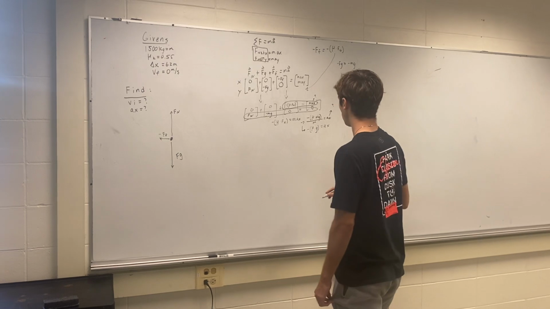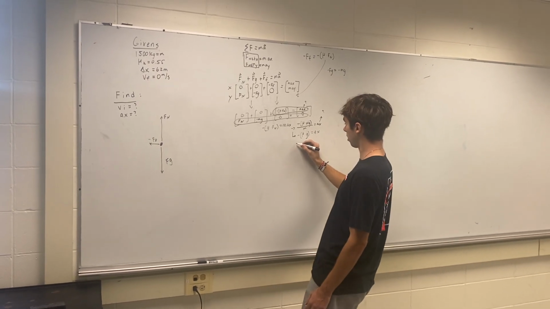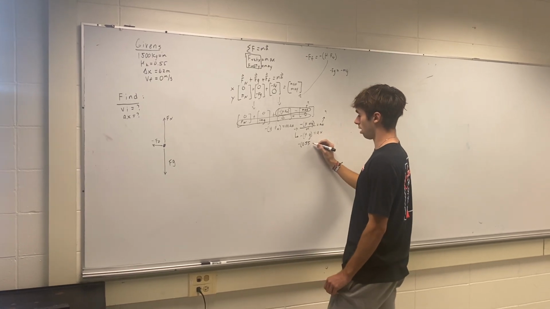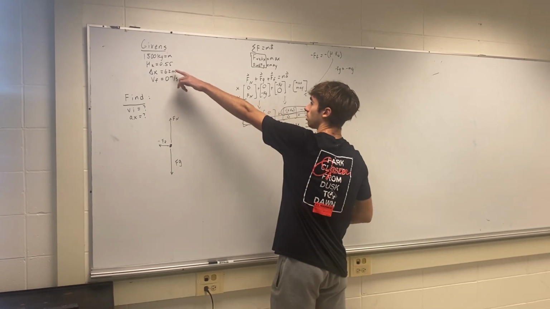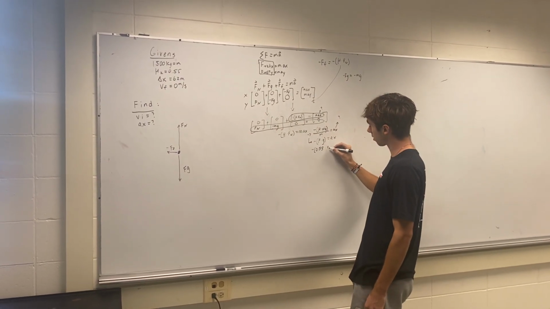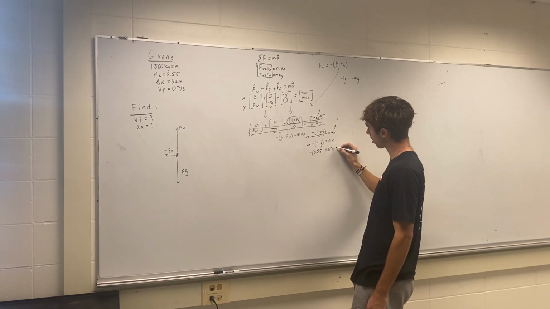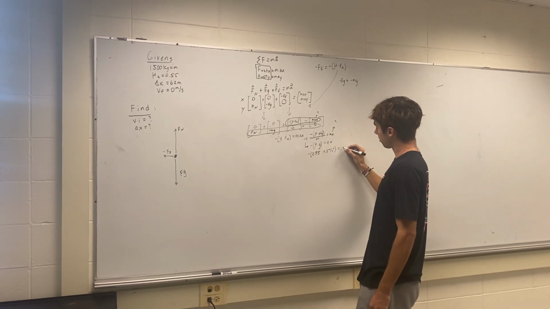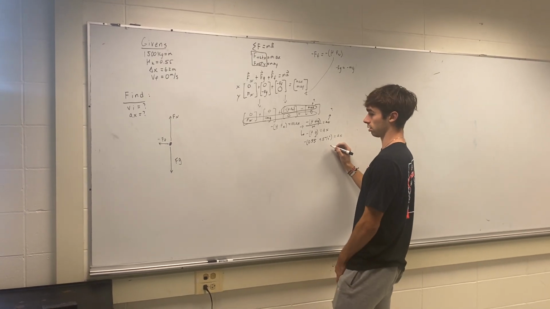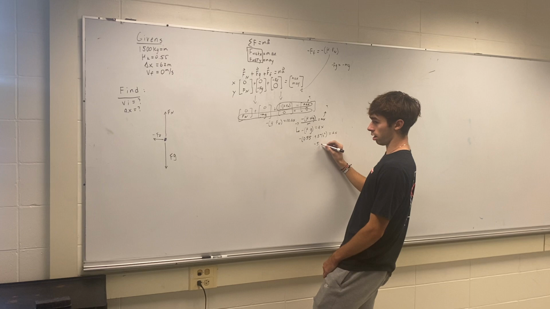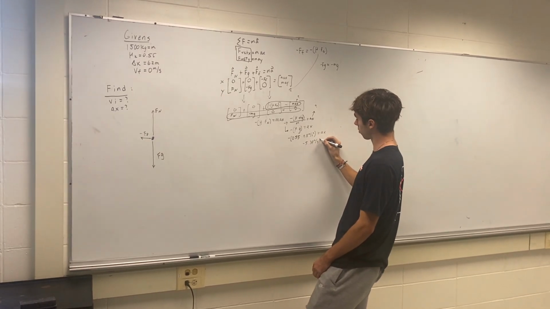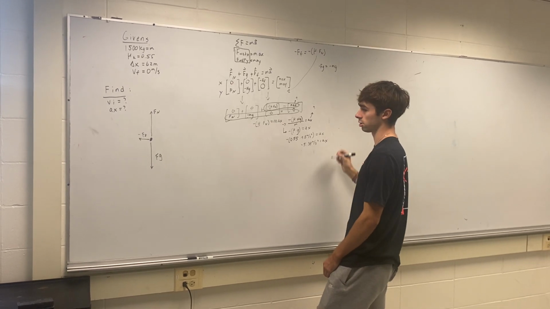So then we can plug in our numbers here and say that the coefficient of friction, which we know is 0.55, times 9.8 meters per second squared, that's going to be equal to the acceleration in the x direction, which is going to be equal to negative 5.39 meters per second squared, and that's going to be our acceleration.